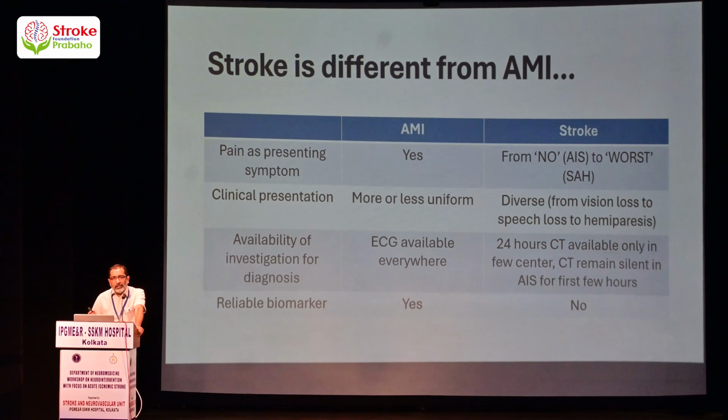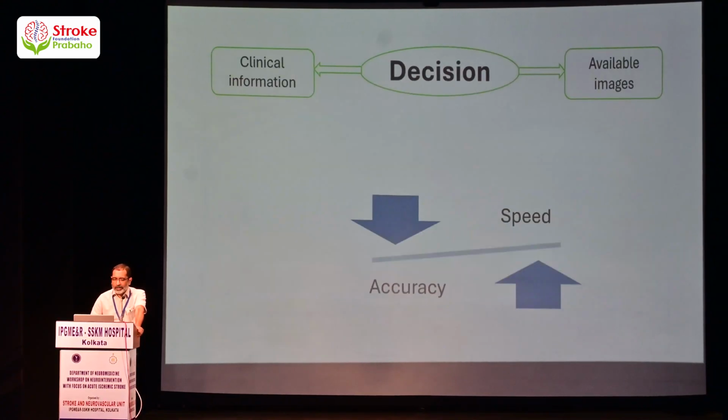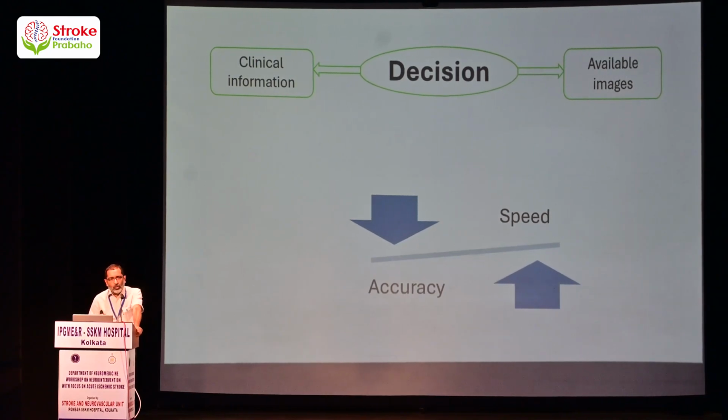And the investigation facility like CT scan is not available everywhere, and there is no reliable biomarker of acute ischemic stroke till date. And when you manage a stroke patient, the diagnosis must be very accurate. At the same time, you have to take a very rapid decision.